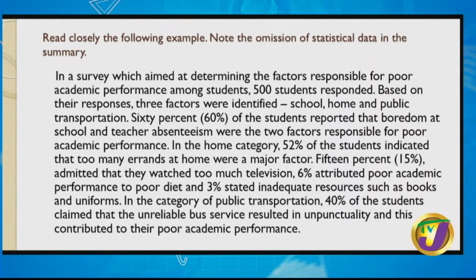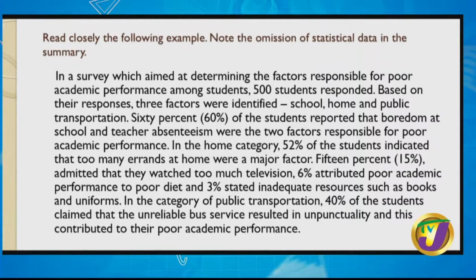In a survey which aimed at determining the factors responsible for poor academic performance among students, 500 students responded. Based on their responses, 3 factors were identified: school, home, and public transportation. 60% of the students reported that boredom at school and teacher absenteeism were the 2 factors responsible for poor academic performance.